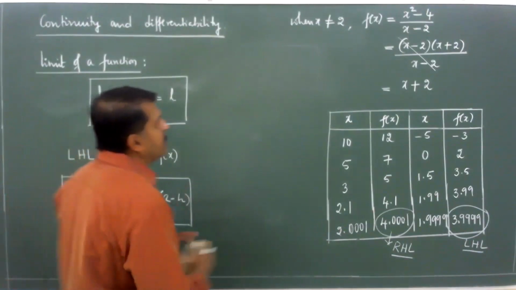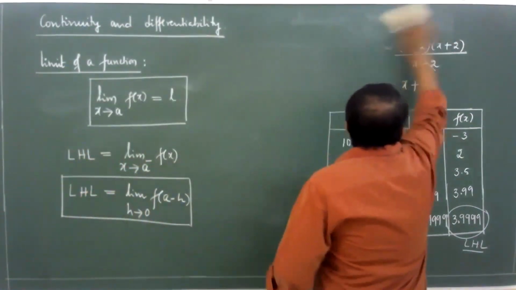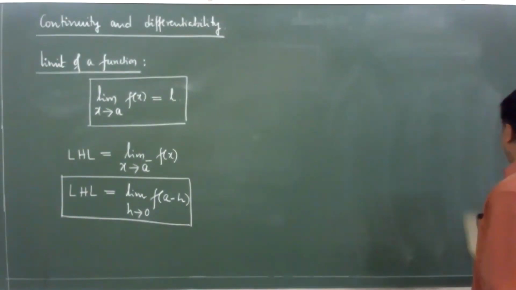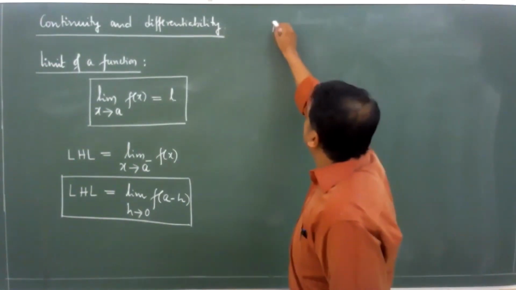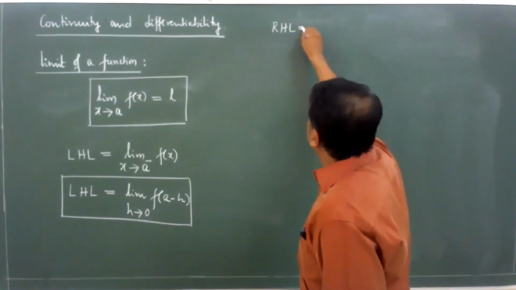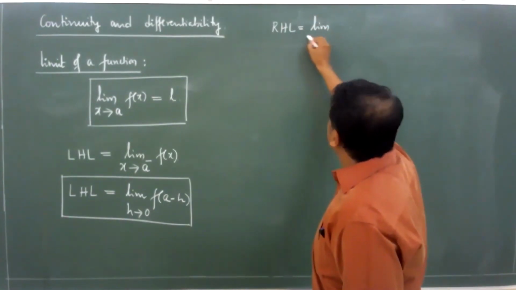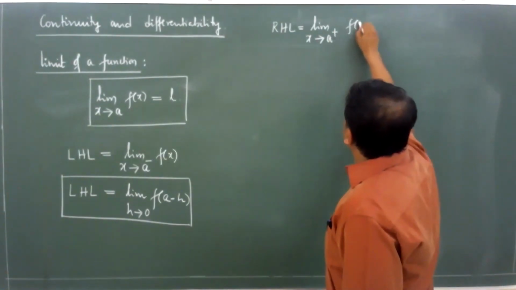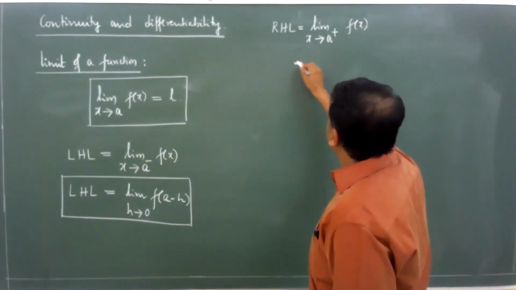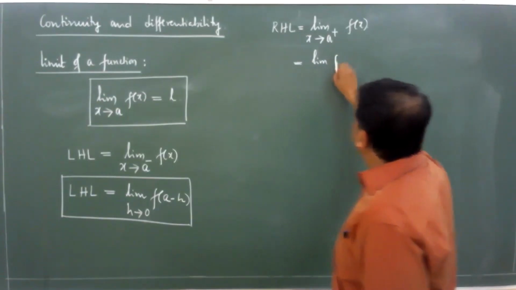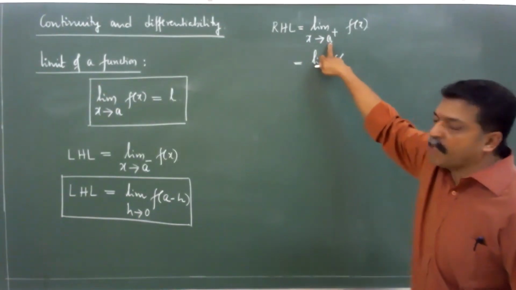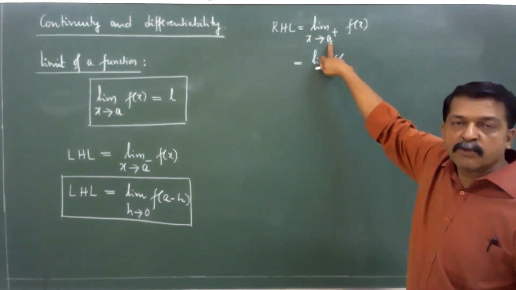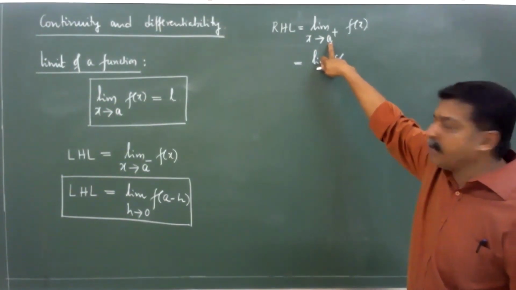What about right hand limit? Similar to left hand limit, we calculate the right hand limit. What is right hand limit? Right hand limit is nothing but limit x tends to a plus, f of x, which is equal to limit f of, what is the meaning of x tends to a plus? X is approaching a through the values which are more than a.